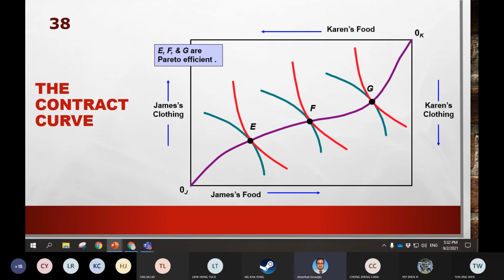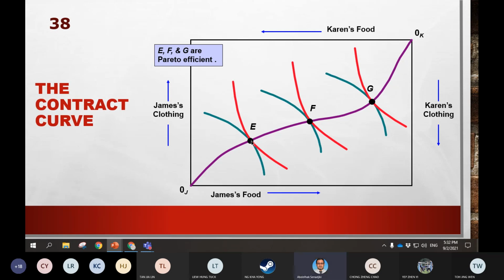So here we have several properties of the contract curve that may help us understand the concept of efficiency in exchange. The first: once a point on the contract curve, let's say point E, has been chosen, we reach efficiency.